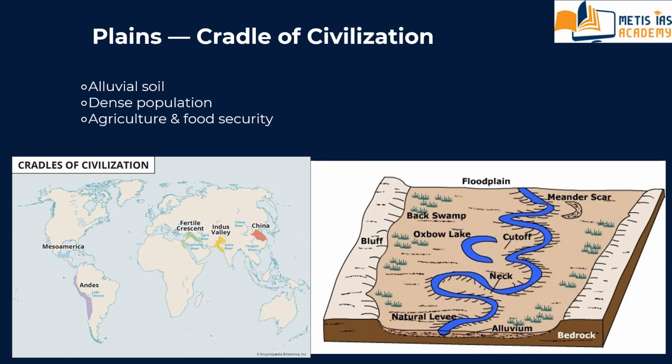Landforms and people. Human life is shaped by landforms. In mountains, life is challenging due to climate and terrain. In plains, agriculture and infrastructure flourish. In plateaus, mining and industries develop. These landforms are helping people in different directions.